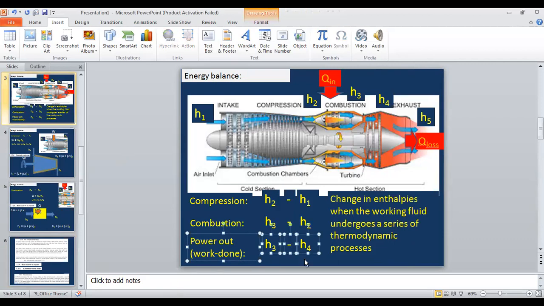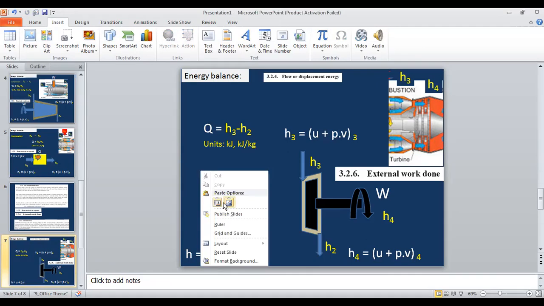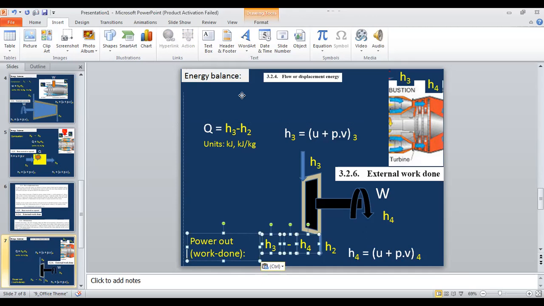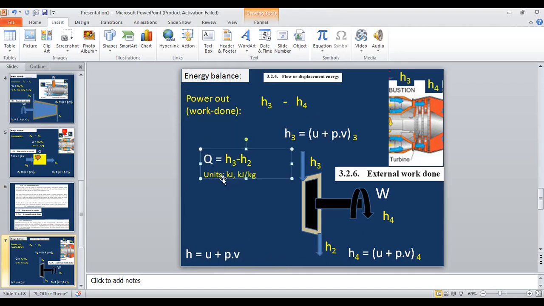Power. So this is what external work done is. So we have to rewrite W as H4 minus H3. Actually, if W is in this direction, you can see this H4 is a lesser amount of energy because part is done here. So I will put it this way. Okay, instead of W, I will write this way.